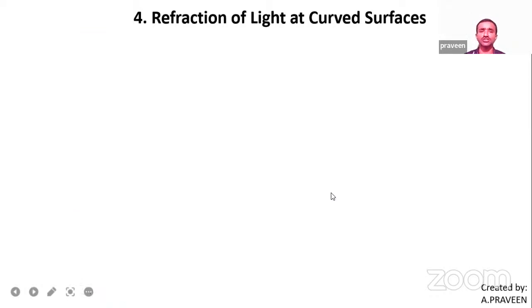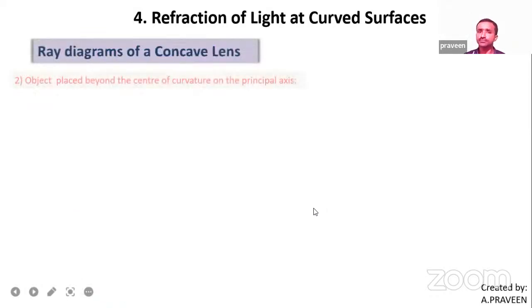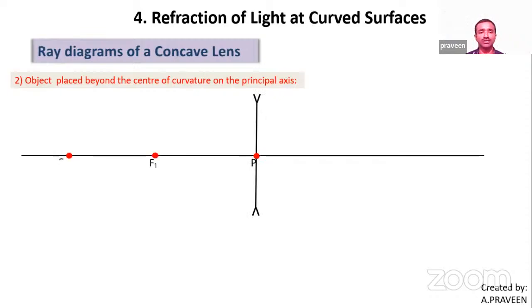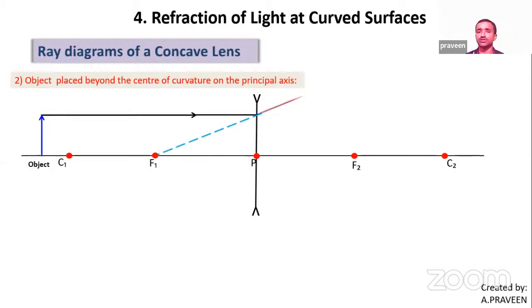The second position is beyond the center of curvature. We are moving from away from the lens towards the lens, so beyond. What characteristics will you obtain? The object is represented beyond the center of curvature, C1. One ray is parallel to the principal axis and appears to diverge from the focus.